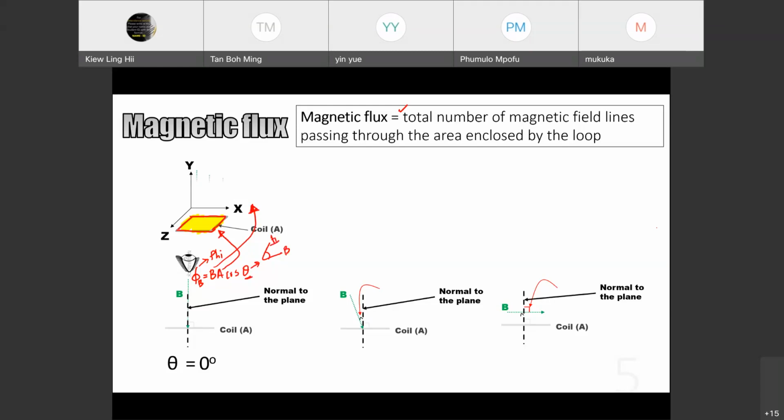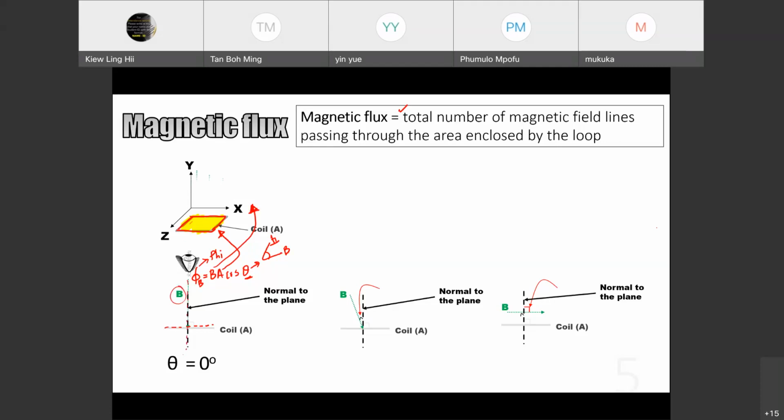So now look at this picture. The plane of the coil is these yellow colored things, right? From the front view, when we present them in two dimensions, this is your coil, and the direction of the magnetic field is vertical like this.